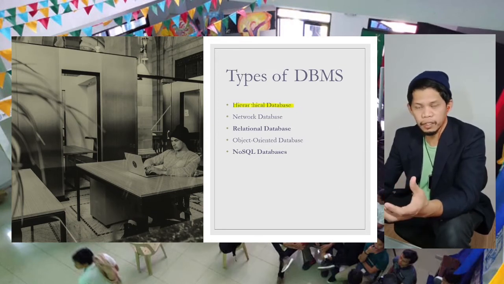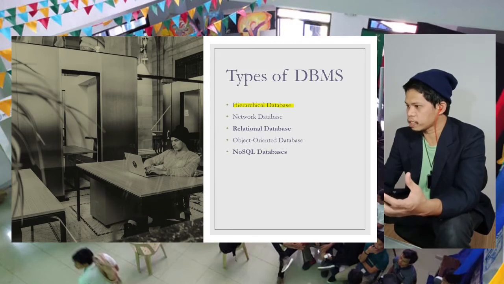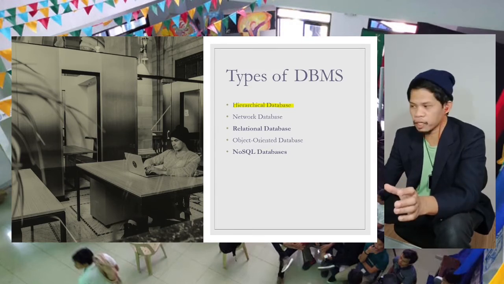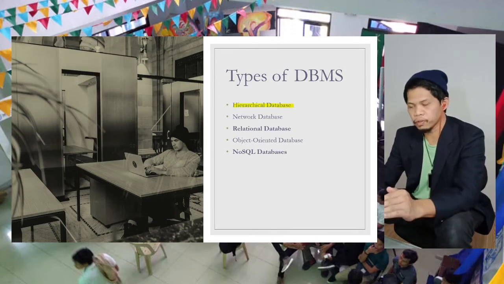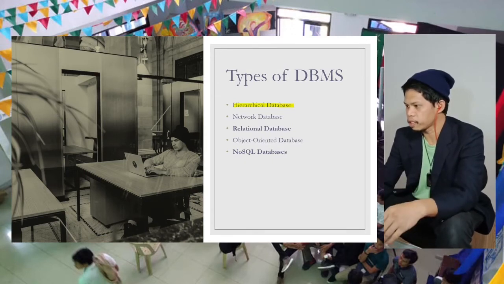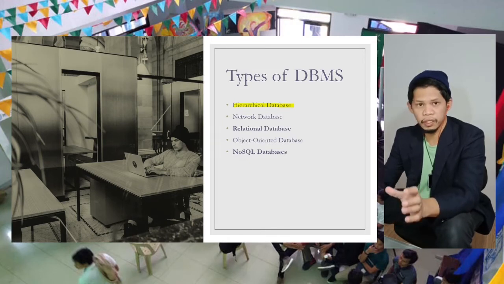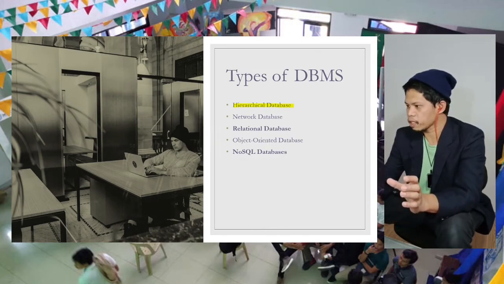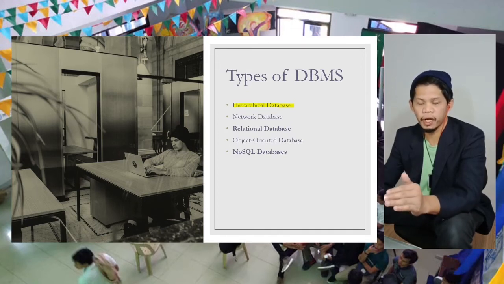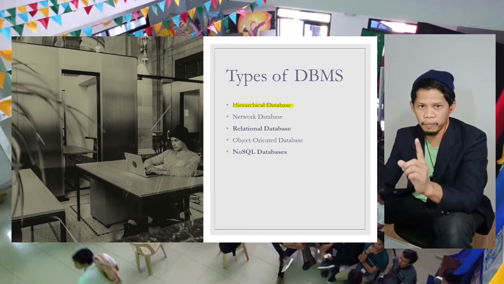In a hierarchical database, the model is organized in a tree-like structure. Data is stored hierarchically, top-down approach or bottom-up approach. Data is represented using parent-child relationship. In hierarchical DBMS, a parent may have many children and the children may only have one parent.